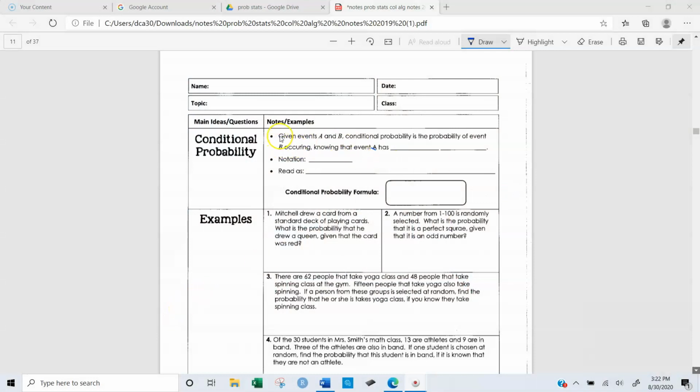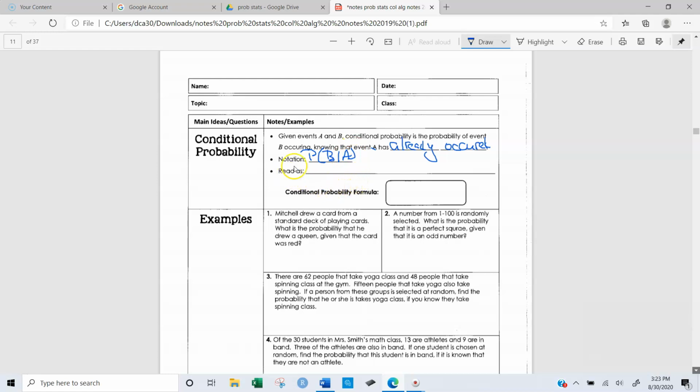When you look here, given events A and B, conditional probability is the probability of the event B occurring knowing that A has already occurred. So the notation is the probability of B given that A has happened.